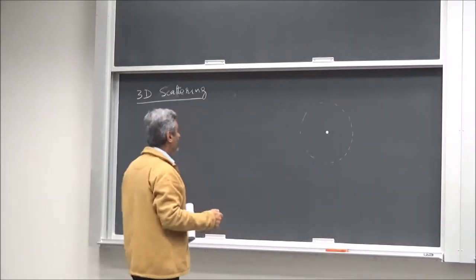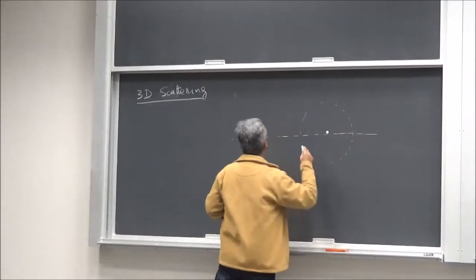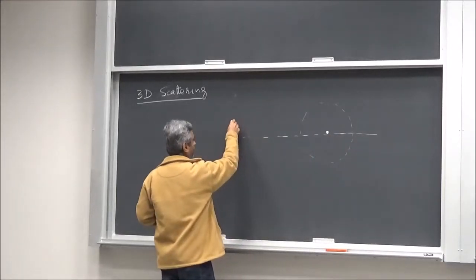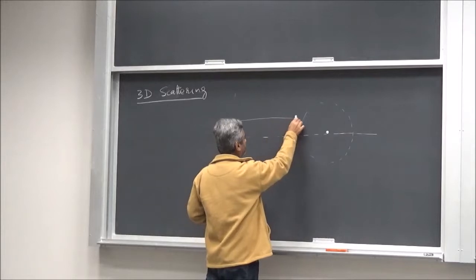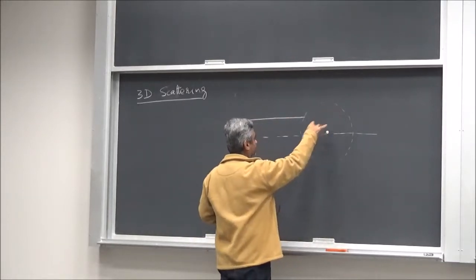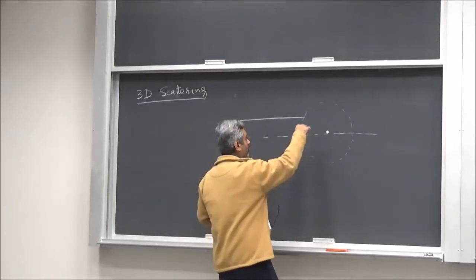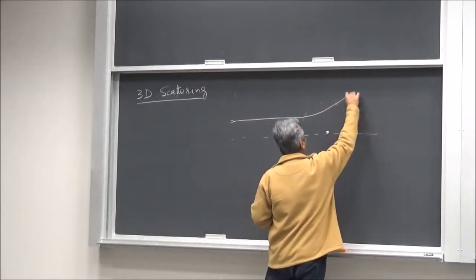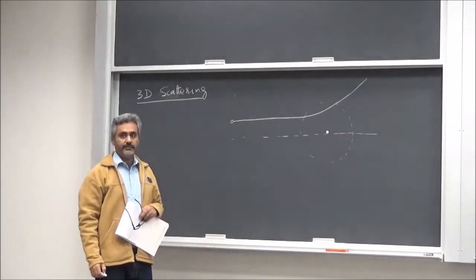You fire particles at this target. Initially the particles are free, and as they enter this area of influence, they interact with the scattering center, and that causes them to deviate from their path, something like this.